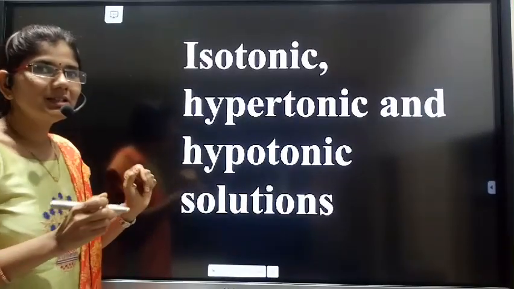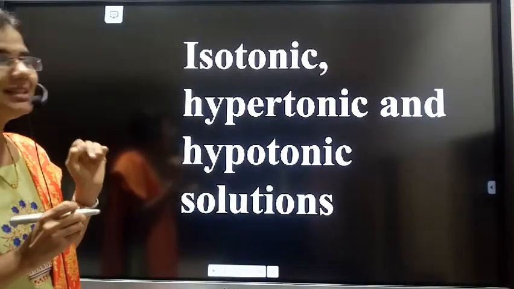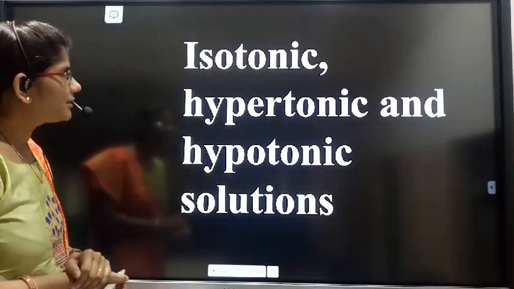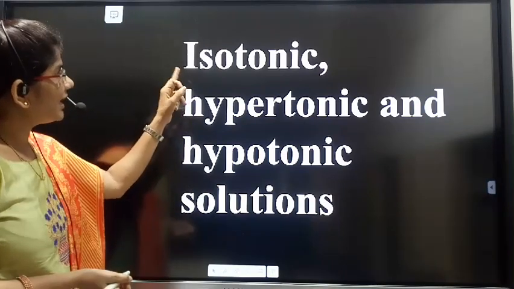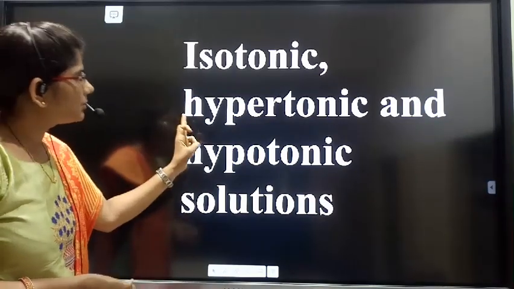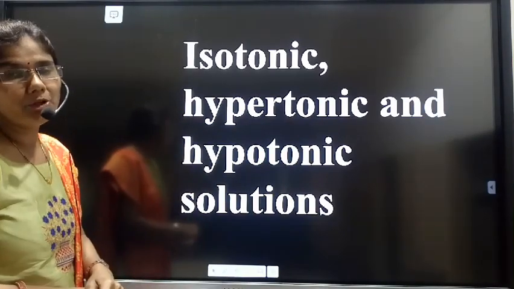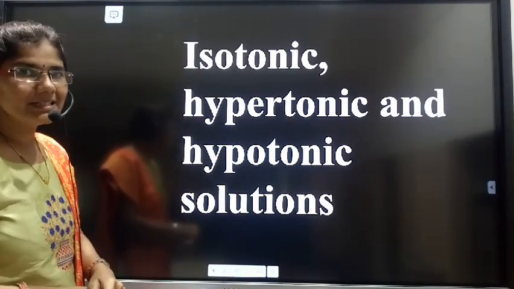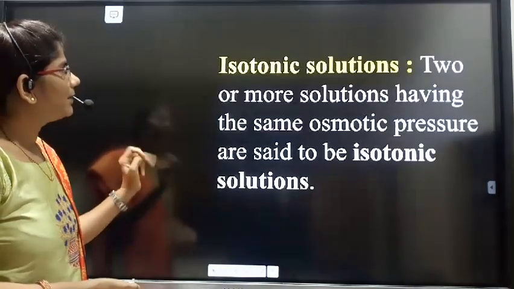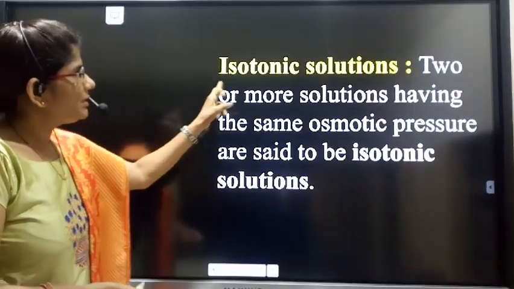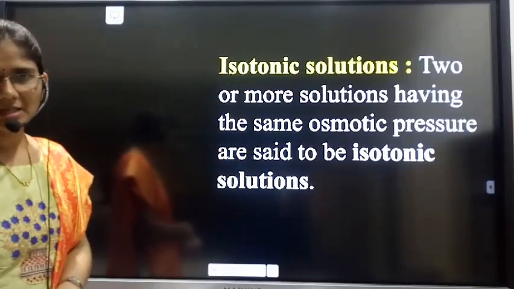Then we have three definitions in osmotic pressure. The first is what is meant by isotonic solution, what is meant by hypertonic solution, and what is meant by hypotonic solution. Let us see all these one by one. What is meant by isotonic solutions?